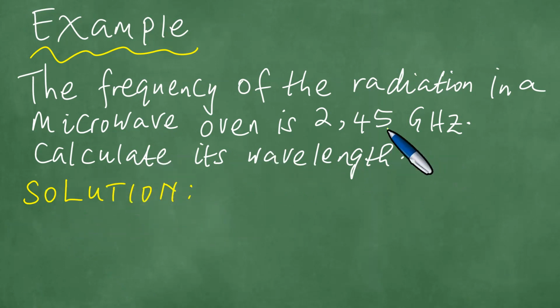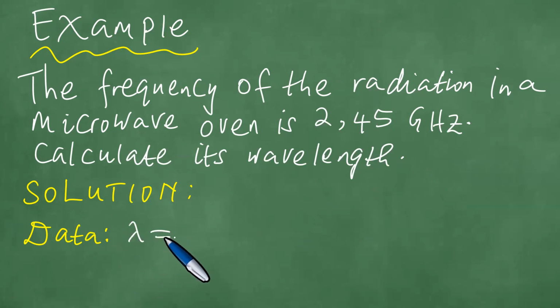Okay, the frequency of the radiation in a microwave oven is 2.45 gigahertz. So at this point, they are saying we need to calculate its wavelength. So we note the data, so that lambda is what?